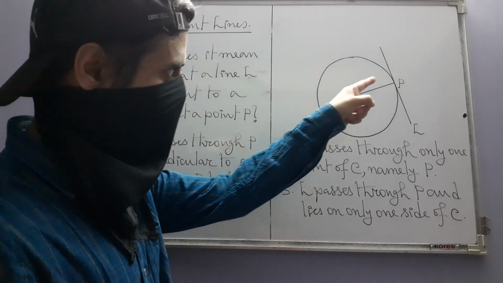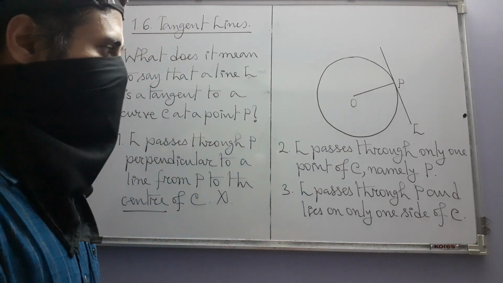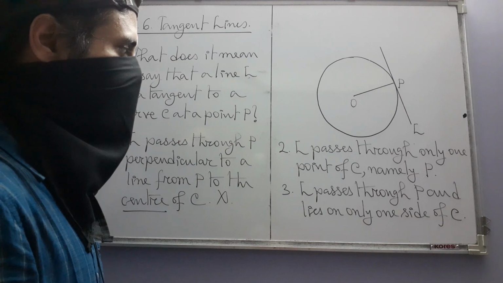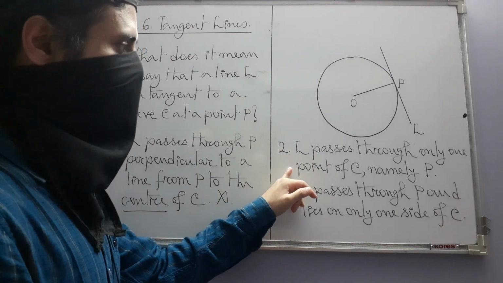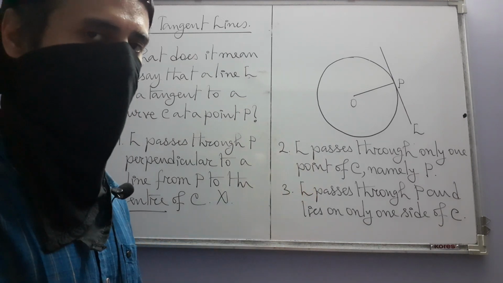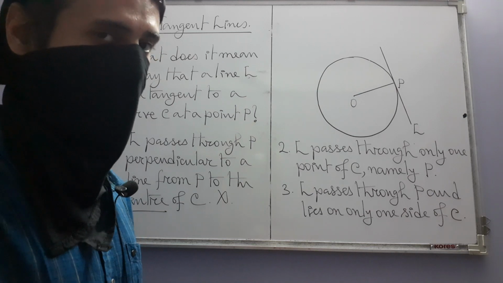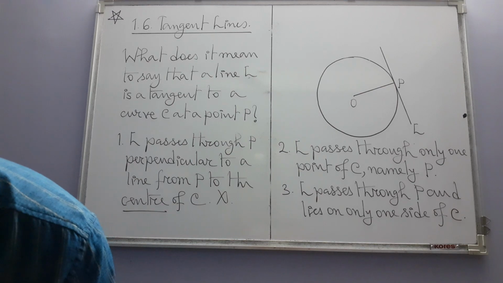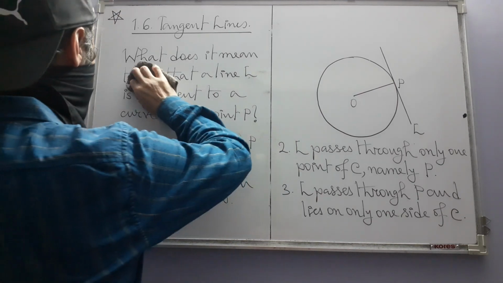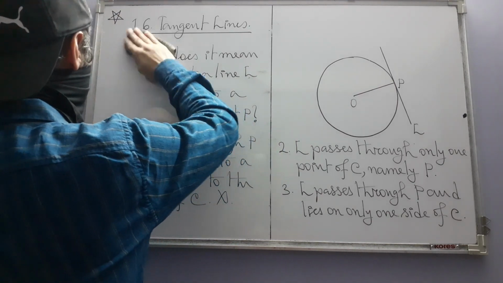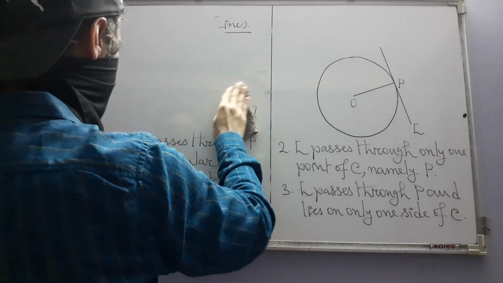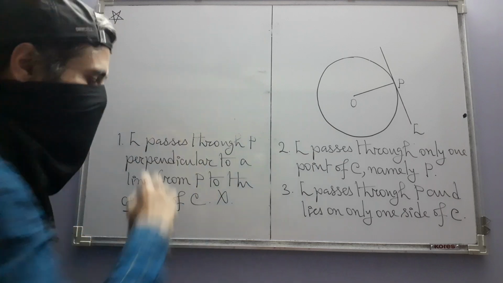L passes through only one point P of C, one point of C, namely P. This also, however, becomes problematic when we consider a general curve. Let's see how. It's not very difficult to create problematic examples that will make all these observations pretty useless.